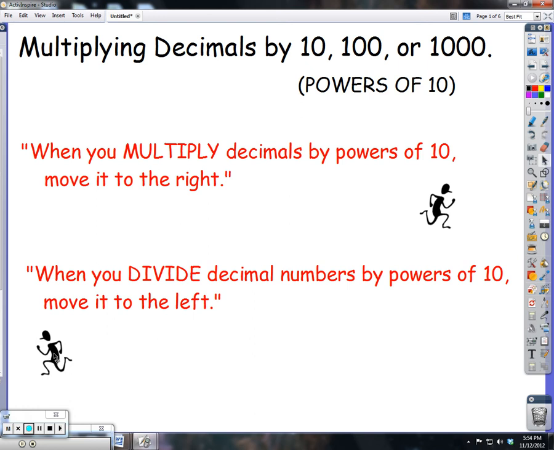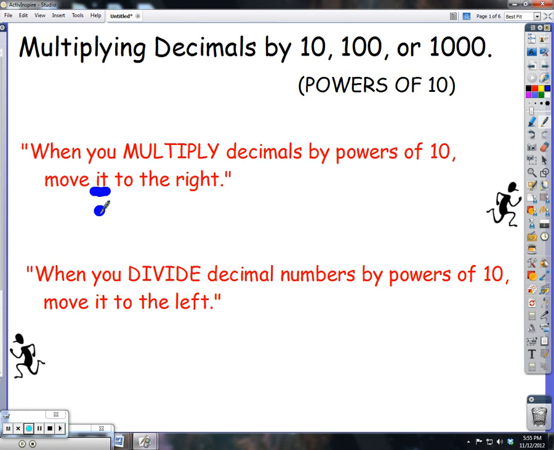That is what we talked about earlier in the year. So, you can think of the little person. Remember, we stood up and moved the decimal to the right, or we moved the decimal to the left. So, when you multiply decimals by powers of 10, move it, meaning the decimal, to the right.